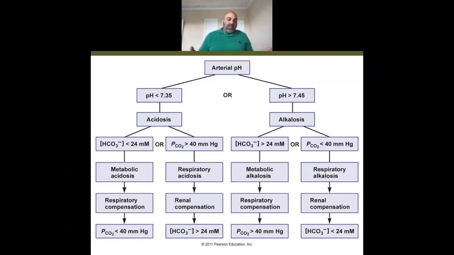DKA, diabetic ketoacidosis, you'll see it in that situation. It's a metabolic acidosis, and they come in breathing very rapidly. Kussmaul's sign, very rapid breathing, trying to blow off that hydrogen ion. Okay, so each column works the same way. Work through it, learn it. Trust me, it's golden.